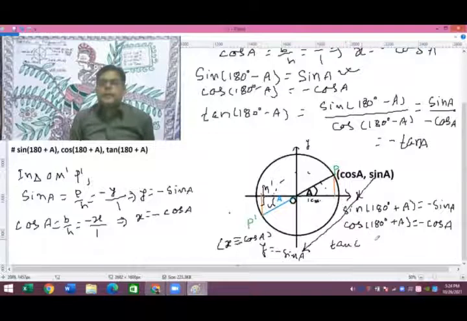And what about tan 180 degrees plus A? Here you can see that tan is the ratio of sine and cosine.